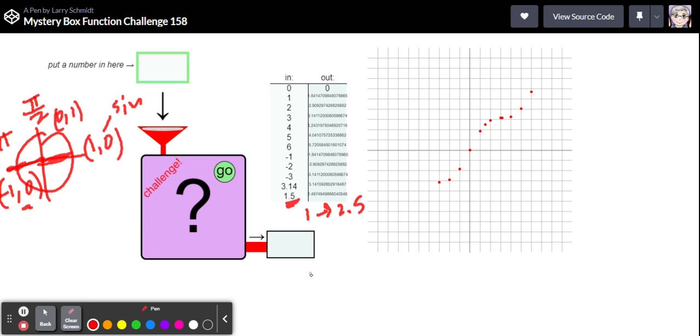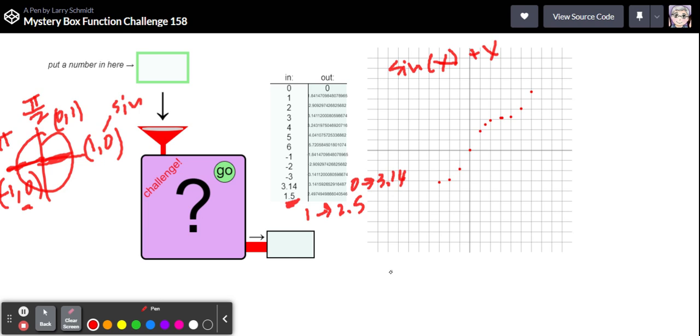When I put in 1.5, I expected 1, but I got 2.5, and when I put in 3.14, I expected 0, but I got 3.14. So it looks like we're actually adding the value we've put in on top of the sine. So my hunch is that this is the sine of x, has that sine shape going on here, but then you're adding x to it.